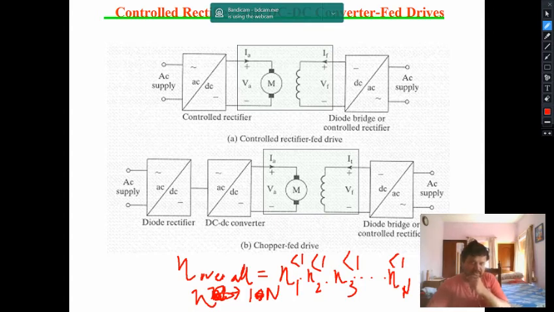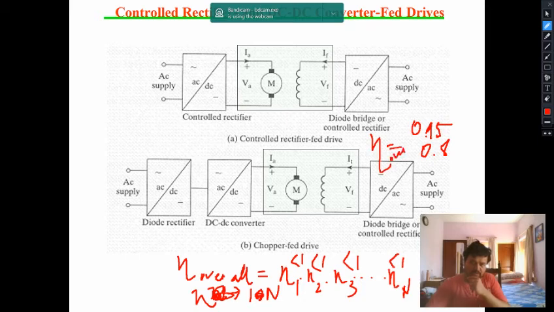So suppose in the first stage you are getting 0.95, and in the second stage, that means your diode rectifier efficiency is 0.95 and your DC to DC converter efficiency is 0.8. Then what will be your overall efficiency?